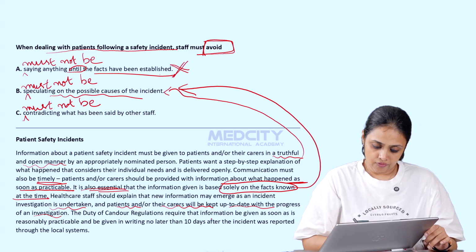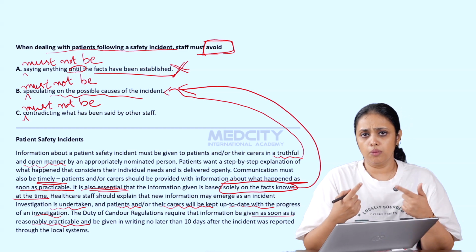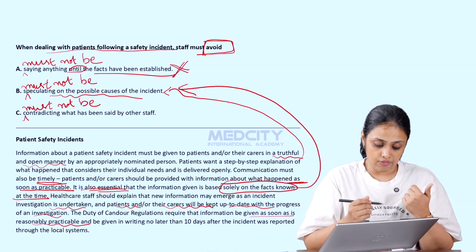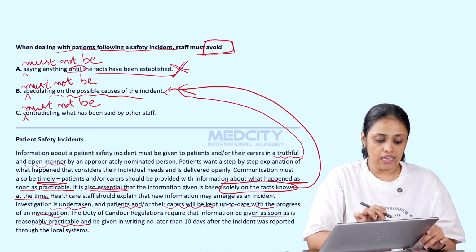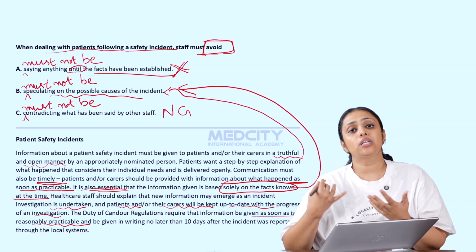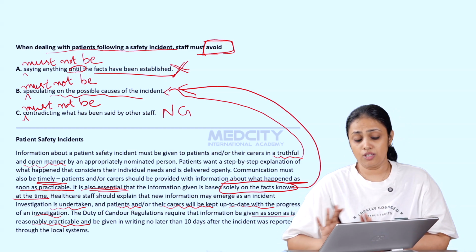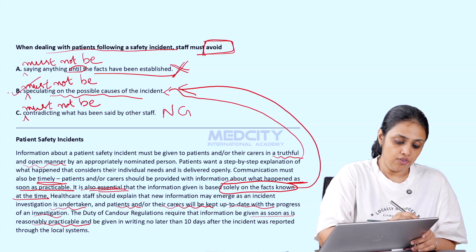And then they have talked about being given as soon as reasonably practical. Again, they are talking about the timely delivery of the information to the patient or the carer. So definitely A is wrong, and nowhere has it been mentioned that they should contradict what other staff has said. No, it is nowhere mentioned. So definitely option B is the right answer.